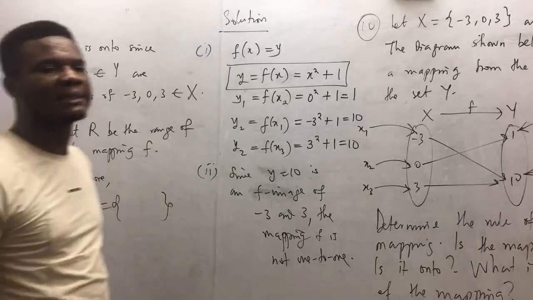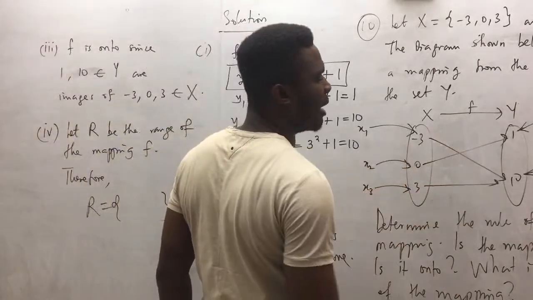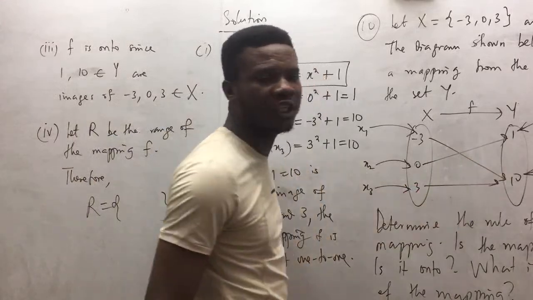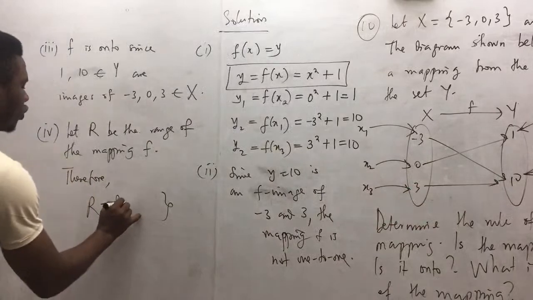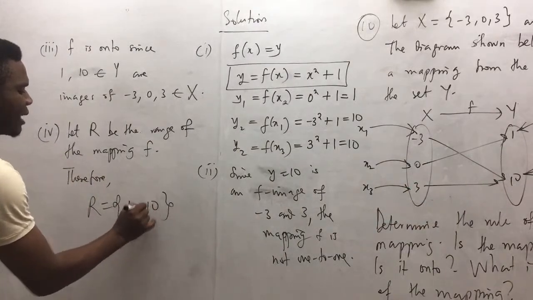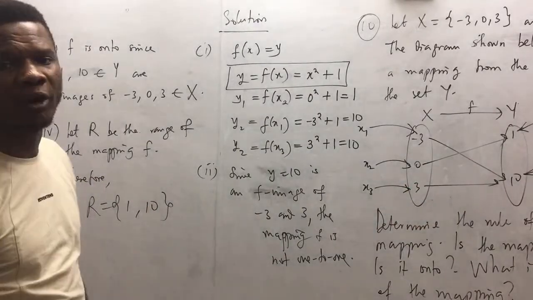Clearly, you will notice that if R is the range of the mapping, it will contain all the images of that mapping, and the images are clearly 1 and 10. So all you have to do is write here 1 and 10, and that solves the problem.